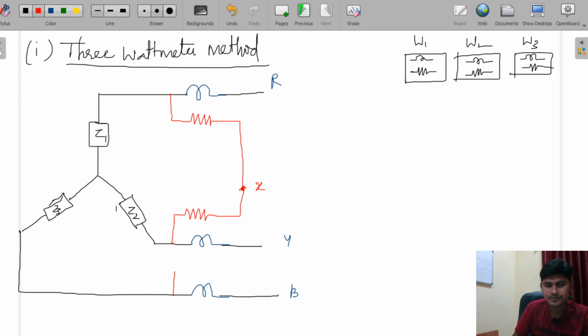Similarly, the respective potential coil is connected between the respective line and the common point. Okay, this is common point X.